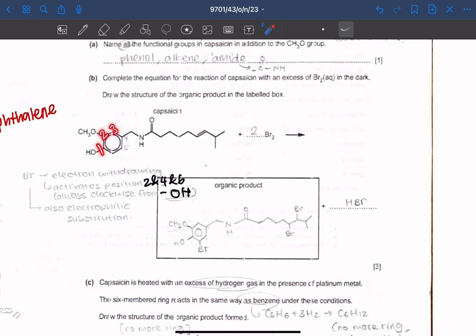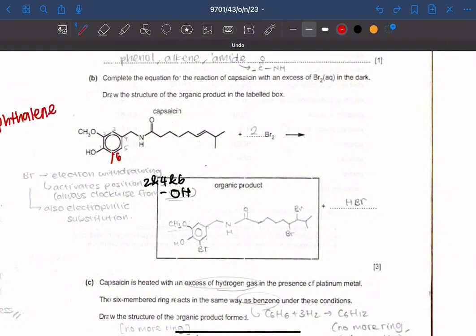So OH is 1, 2, 3, 4, 5, 6. So Br could attach at position 2, position 4, and position 6. But because 2 and 4 are taken by other bonds, Br can only attach to position 6.